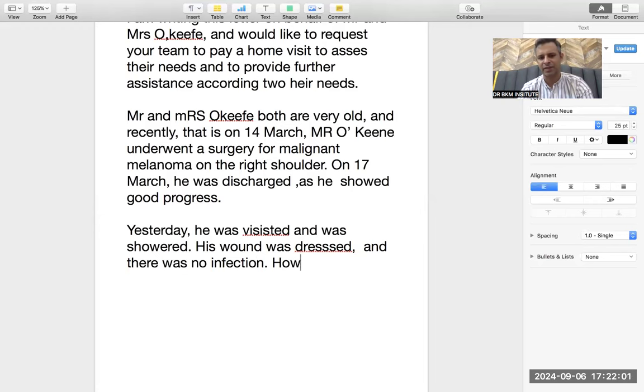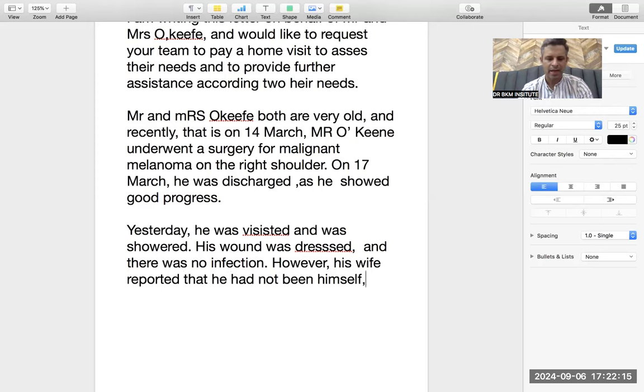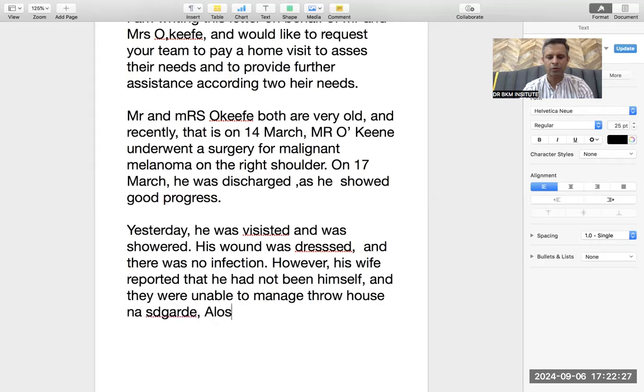However, now tell the main things. However, his wife reported, again second form, past, reported that he had not been himself and they were unable to manage their house and garden. Also, dishes were piled up and it was dirty.